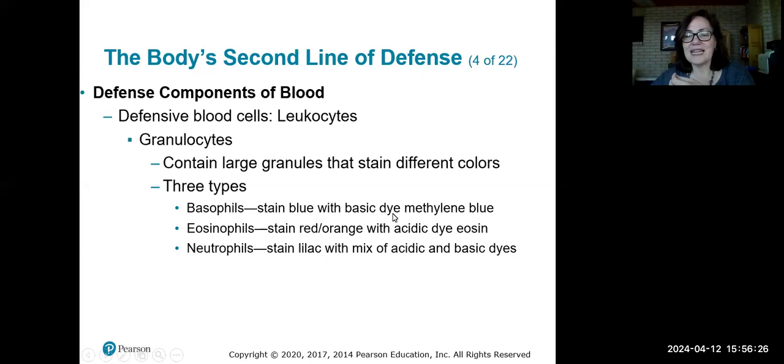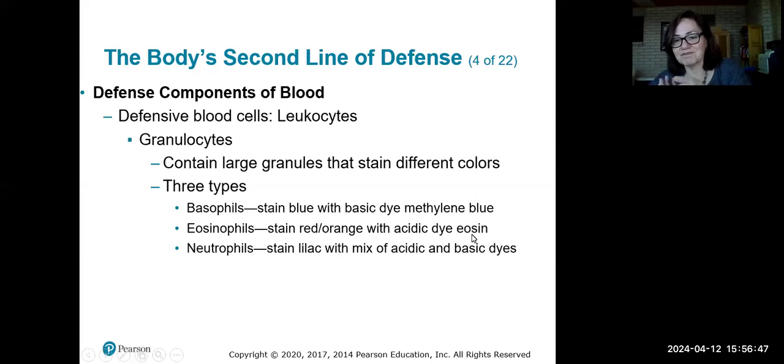This basic dye, meaning like alkaline dye, methylene blue, this loves that alkaline, that base dye. That's why it's called basophil, the basic loving. Then the acidic dye is the color red.